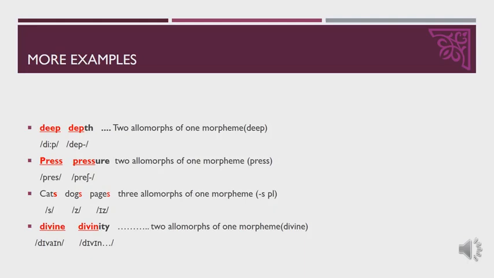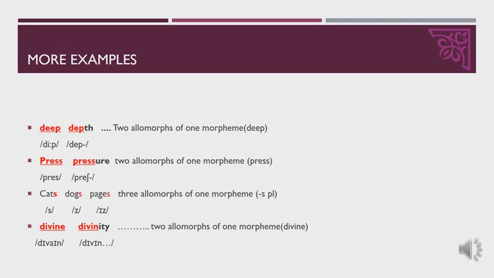Another example is divine. The pronunciation or the spoken form is divine. So this is the allomorph of this morpheme. The pronunciation of this morpheme is the allomorph of this morpheme, divine.